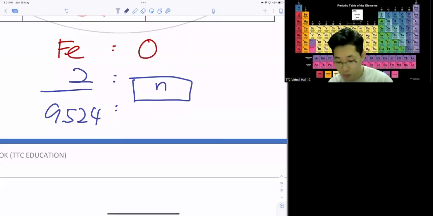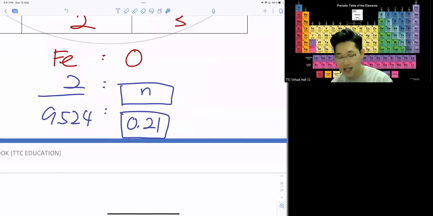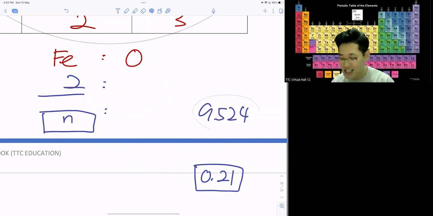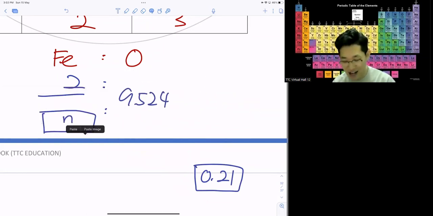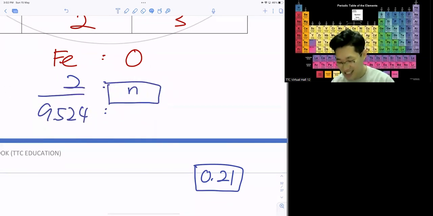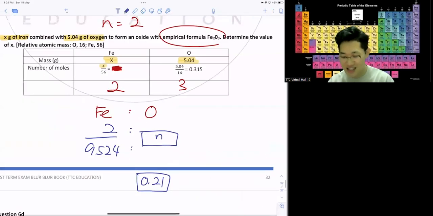You get 0.21. Don't do times, it's divide, not times. Wait, I thought in mathematics, when you move things like that it is divide, not times. So you get 0.21. So 0.21 is here.